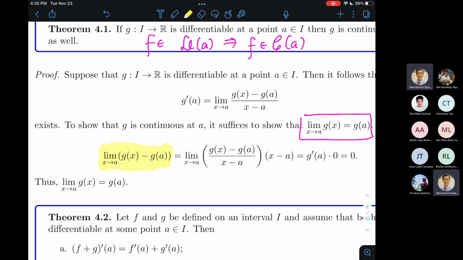Kasi halos kamukha na siya nung nandun sa limit definition ng derivative. Alam ko to ay nag-exist. So, titingnan ko na lamang kung paano ko siya magagamit para mapalabas yung limit ni G. Okay? So, but here we already have a G of X minus G of A. Para magamit ko yung G prime of A, kulang lang siya ng X minus A sa denominator.